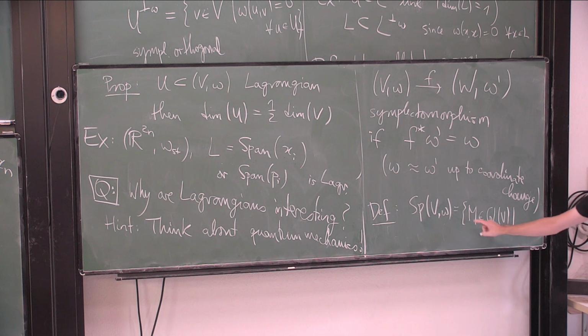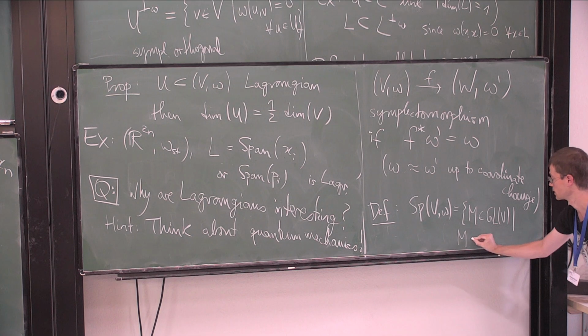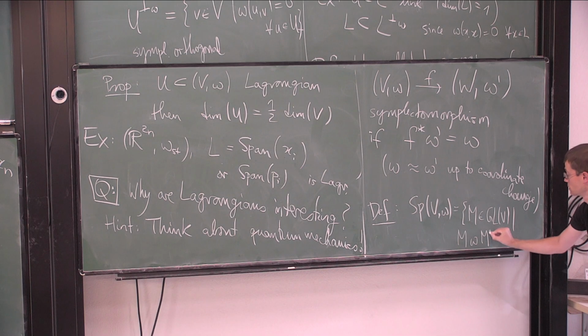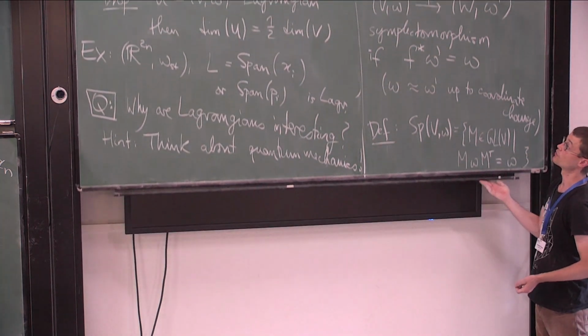And how does a matrix act on the form? It's the same formula as for a scalar product: M omega M transpose has to be omega. Okay, so this is called the symplectic group.